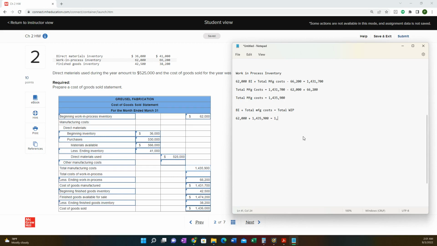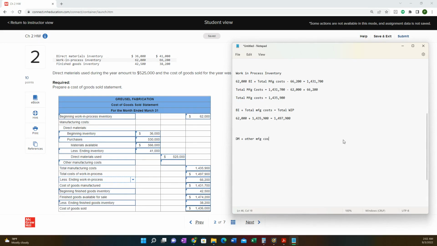And then finally, we need to figure out other manufacturing costs. Remember that manufacturing cost is direct materials plus direct labor and manufacturing overhead. In this case, they're not splitting up direct labor and manufacturing overhead, but we do have direct materials as a separate item. So it'll be direct materials plus other manufacturing costs equals total manufacturing costs.